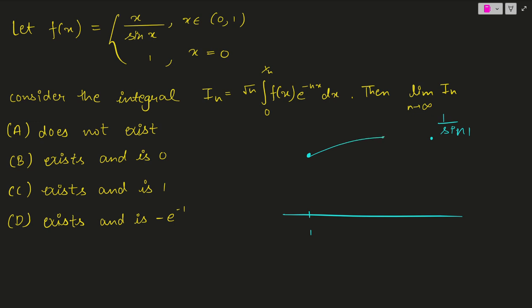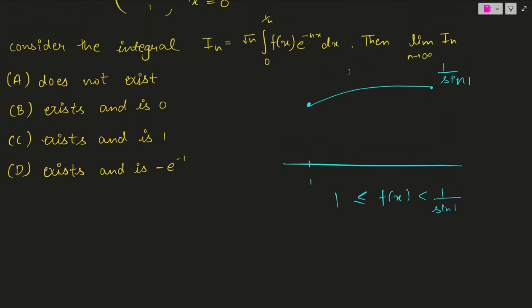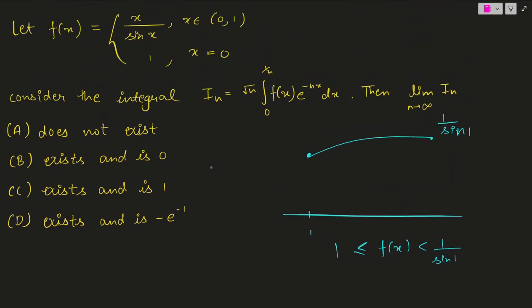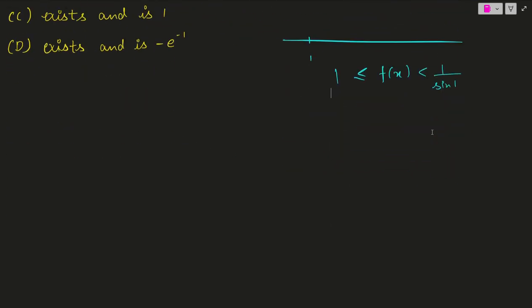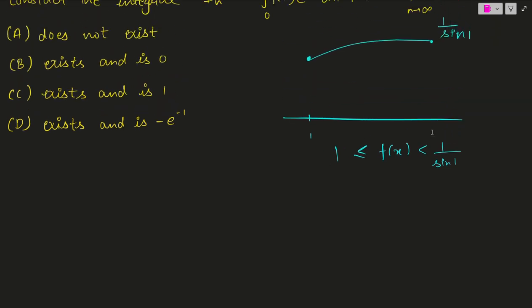So the graph is like this. We can easily say that f(x) is less than 1 by sin 1 and greater than or equal to 1, because f(x) is a bounded function. We can at least conclude that.